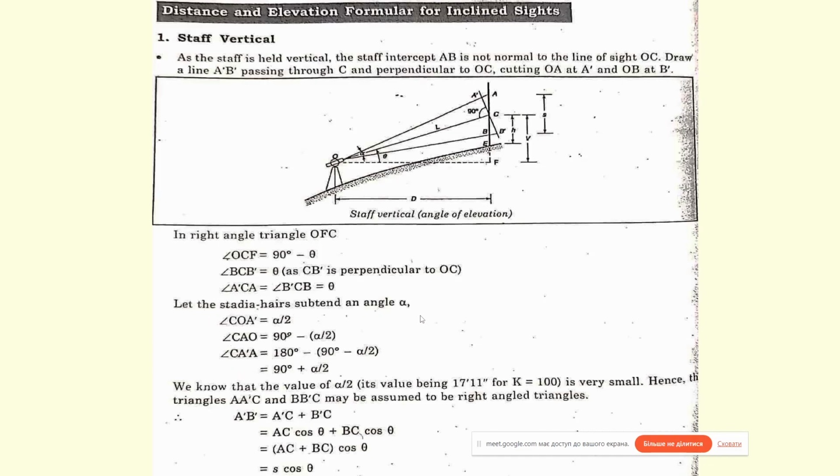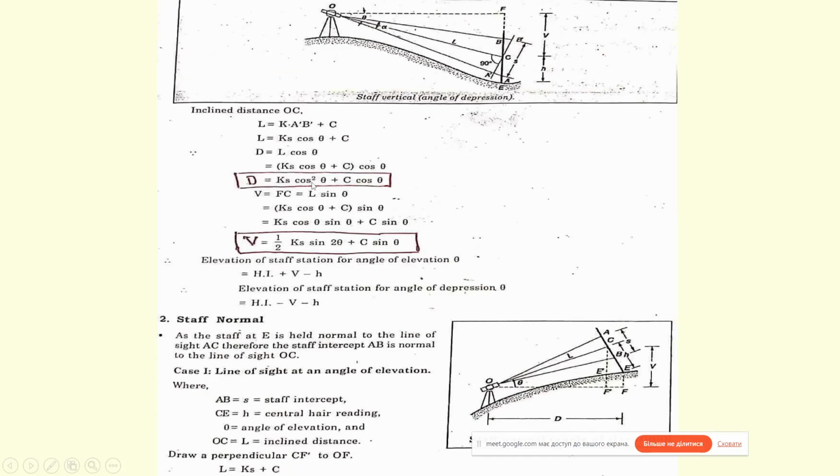The stadia hairs subtend an angle alpha, and we know that the value of alpha divided by 2 is very small, hence the triangles A'C and B'C may be assumed to be right angle triangles. And finally, we can calculate the distance d.